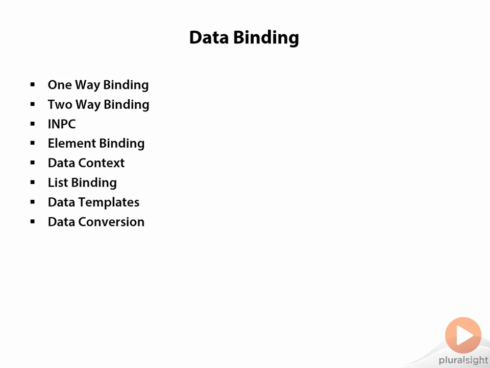Another important aspect of data binding is ensuring that the data is valid. Many of the data binding controls support data validation. As you can see, there's a great deal to data binding. Let's look at a series of demos that will illustrate each of these points.